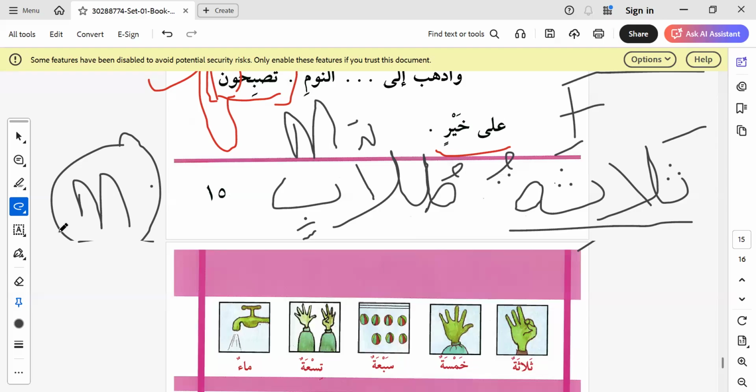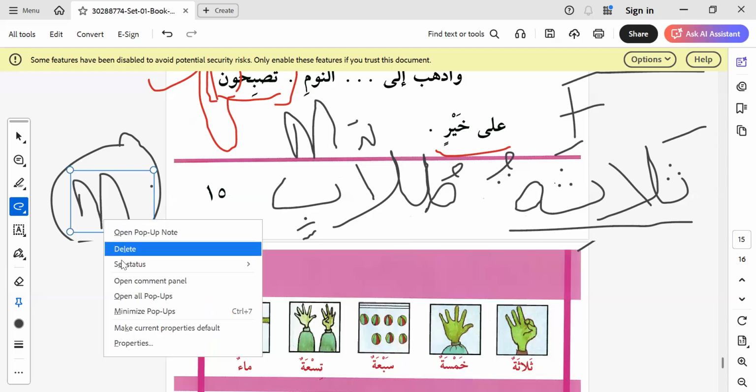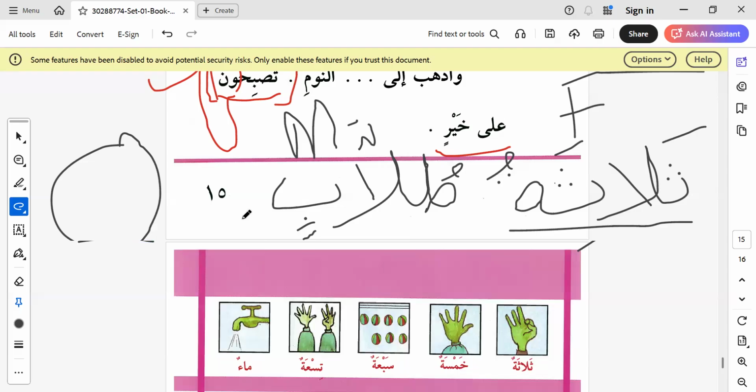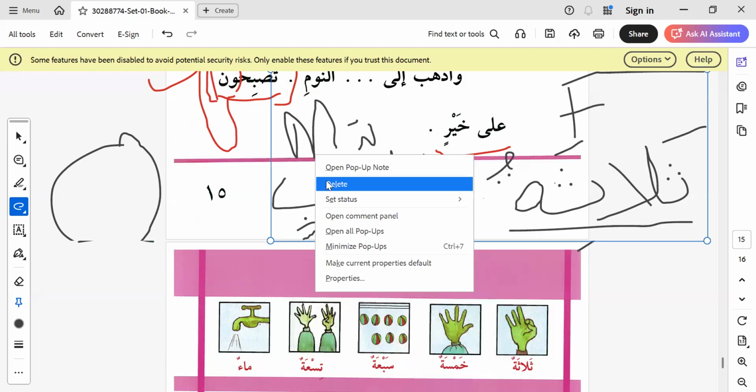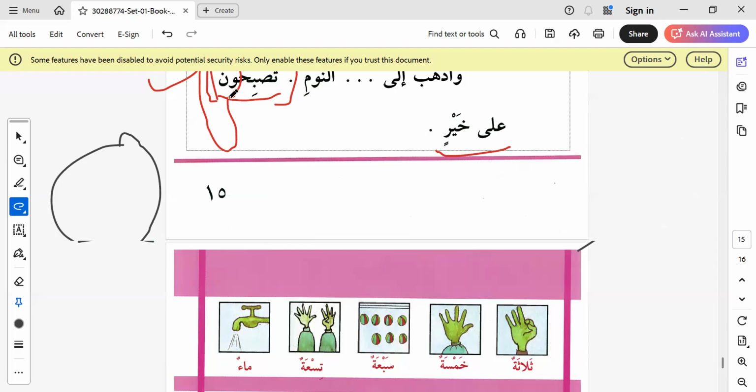Now, who's going to do 3 female students? This is 3 male students, ثلاثة طلاب. So who's going to try 3 female students? Yes, 3 female students. ثلاث طالبات.